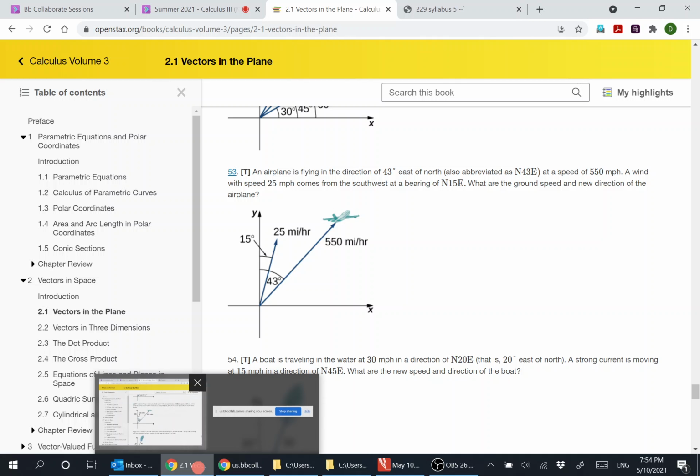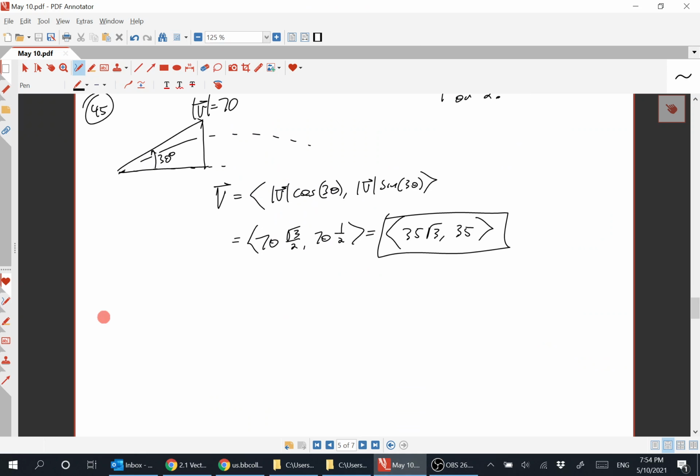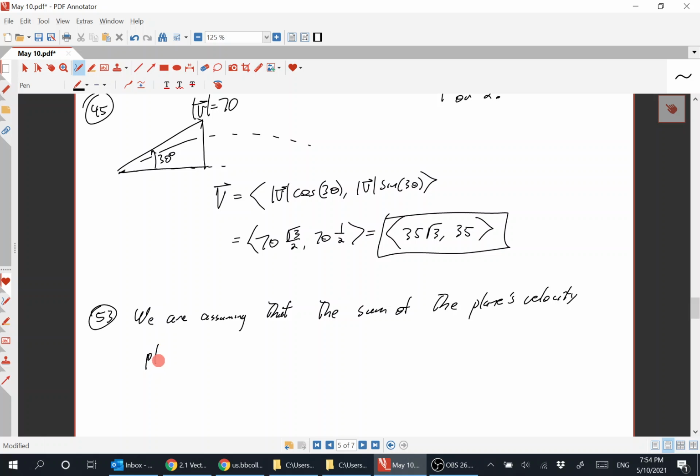Okay, so in 53, we assume that the sum of the two, the plane's velocity plus the wind's, is the velocity relative to the ground.